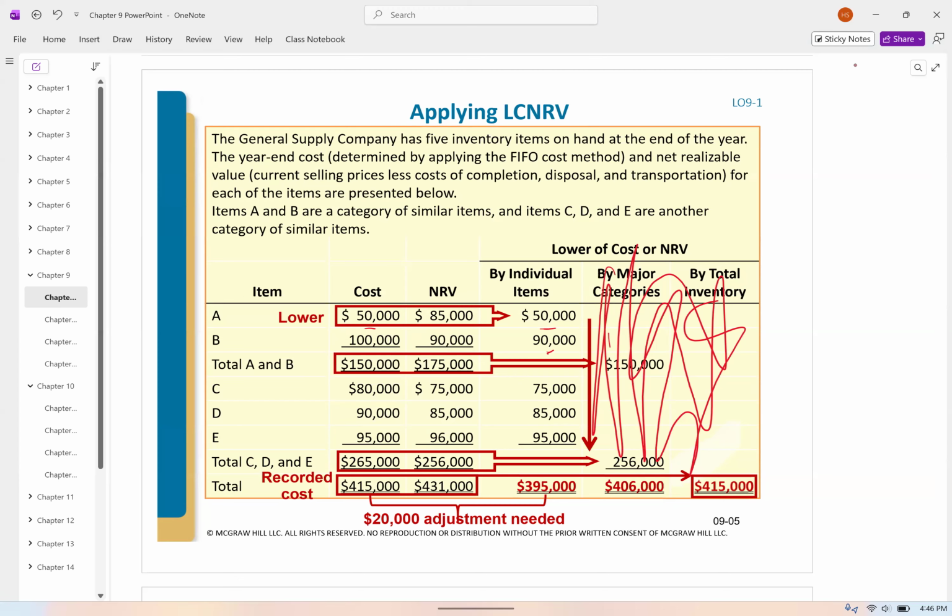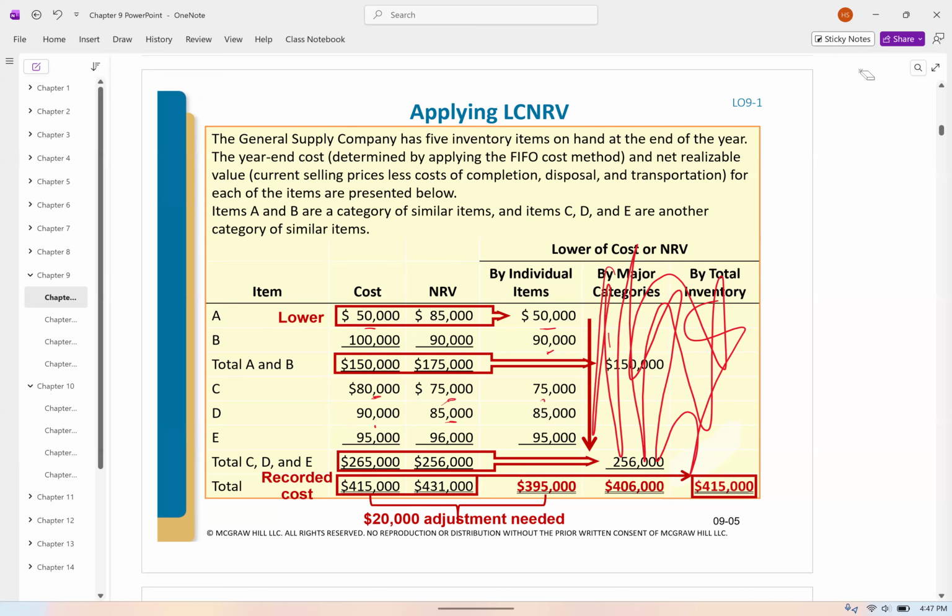Let's jump down to item C. We're looking at 80,000 and 75. 75 is the smallest one, so we put that right there. Item D, 90,000 versus 85. 85 is the lower. Then item E, cost 95, net realizable value of 96. We're going to go with the 95,000.